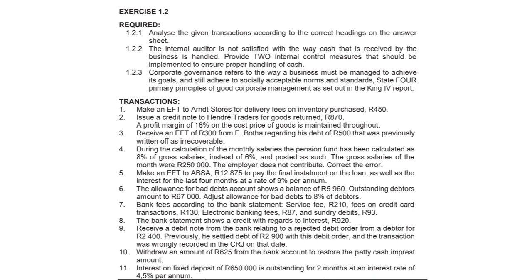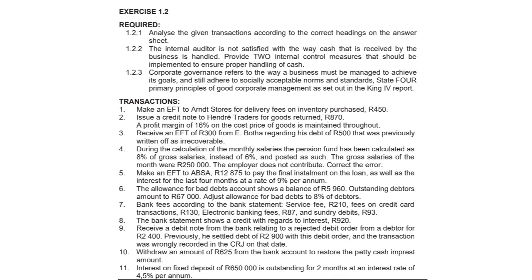Provide 2 internal control measures that should be implemented to ensure proper handling of cash. 1.2.3. Corporate governance refers to the way a business must be managed to achieve its goals and to still adhere to socially acceptable norms and standards. State 4 primary principles of good corporate management that is set out in the King 5 report.